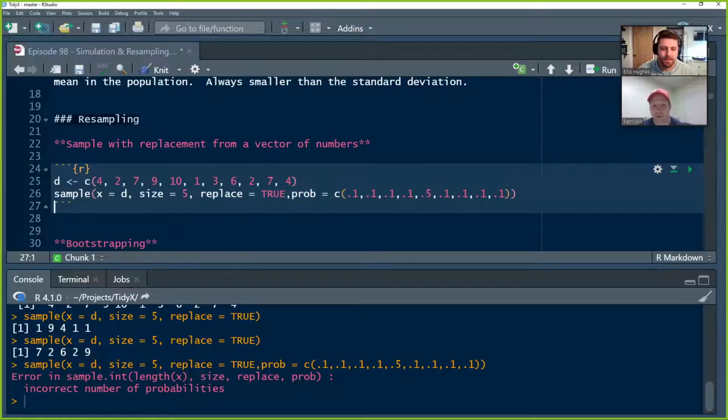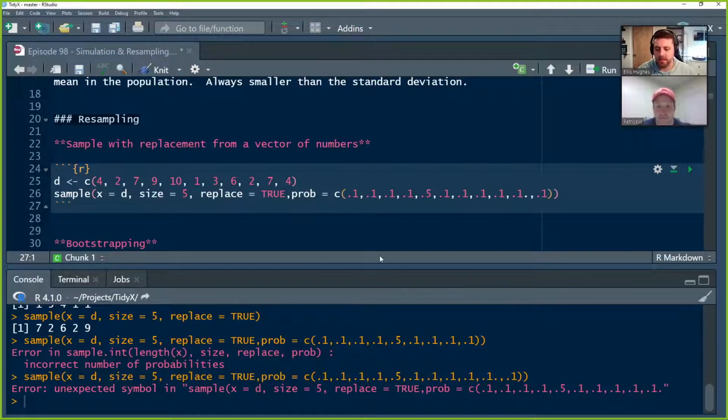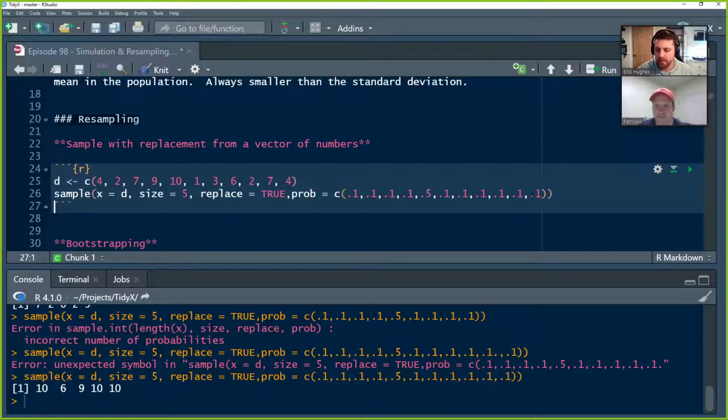Yeah. But this is how you could define the probabilities of the various entries in the vector D. The probability that you want of grabbing that first entry is 0.1, and it normalizes across all the values that you enter in there. Yep. So just so you can see what it might look like. There you go.